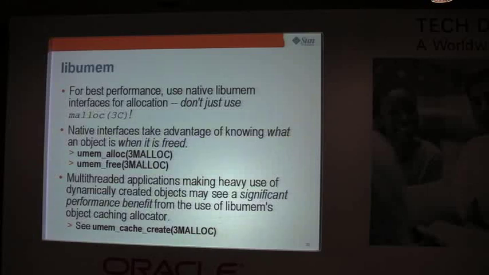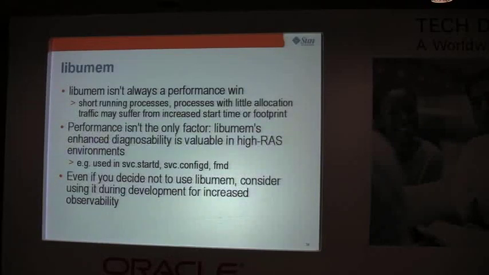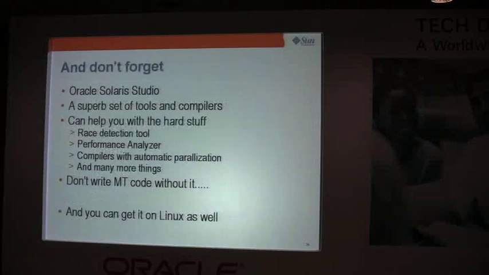It's much, much faster than doing malloc, getting the data, initializing the data structure, and then using it, right? Here you have a structure that's pre-initialized. Yeah, please use it. But if you have short-lived processes, libumem is a bad idea because it takes a startup cost to get the good advantages.